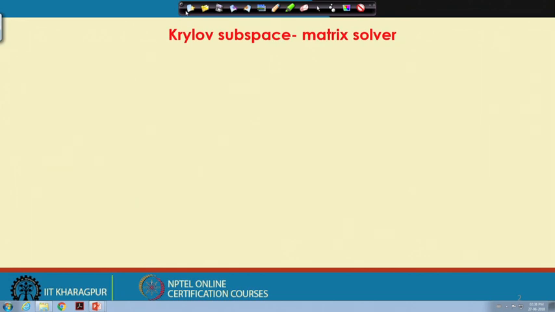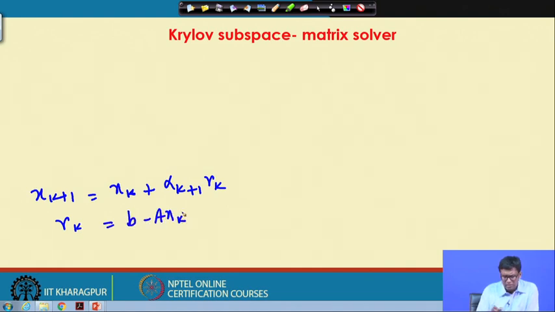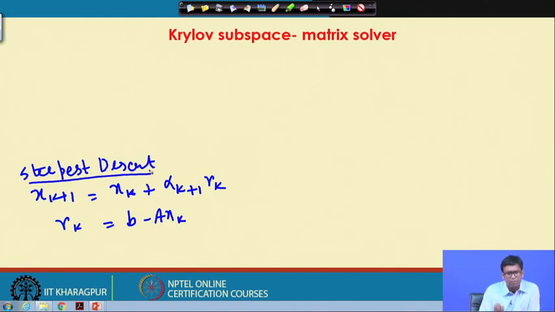Let us erase this. I keep the relations that x k plus 1 is equal to x k plus alpha k plus 1 r k, and r k is equal to b minus A x k. Exactly this is what we have done in steepest descent, which is the building block of projection methods. So, this later will give us the general projection methods.